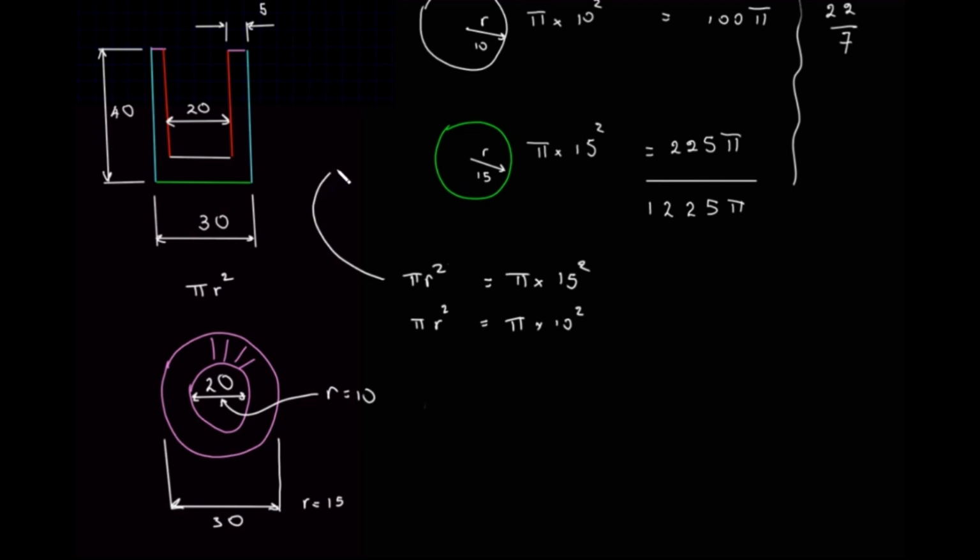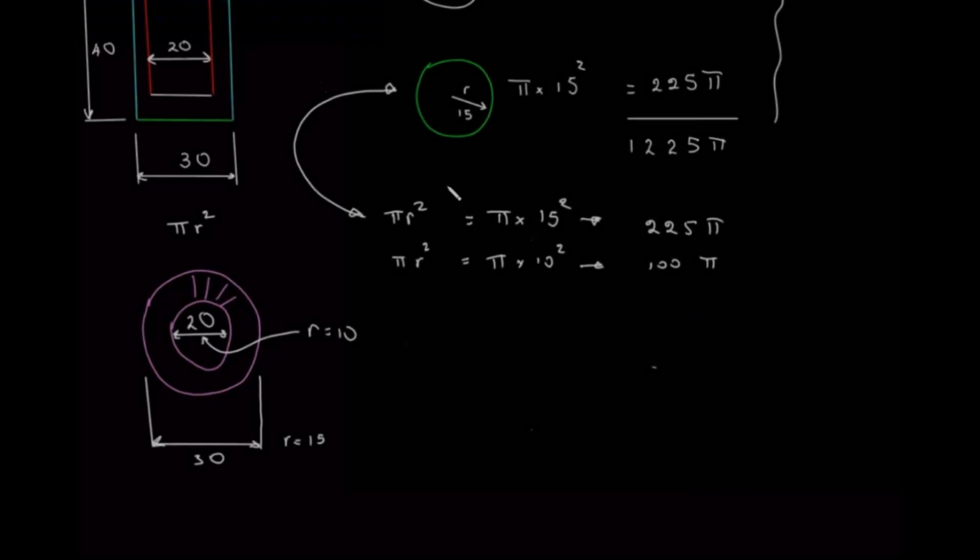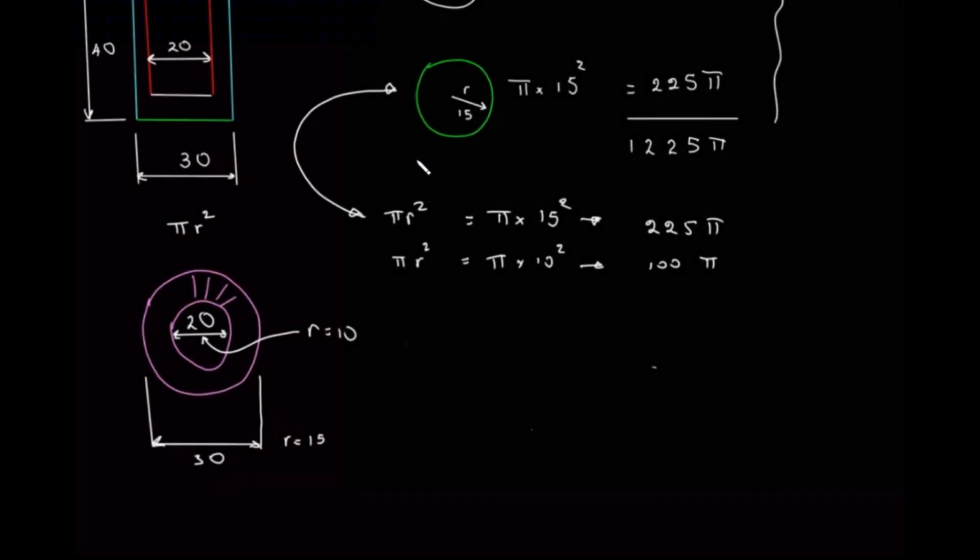Notice this is the same set of numbers as that. So we know straight away that that one gives us 225 pi. 10 squared is 100, so that gives me 100 pi. Now we do the difference. 100 from that leaves 125. Don't forget the pi.